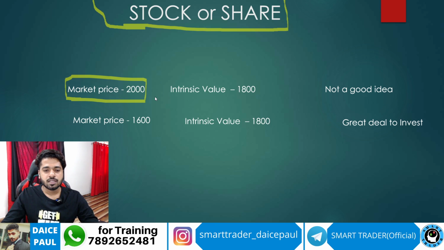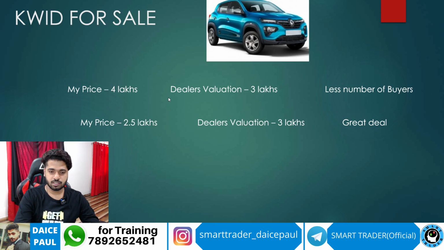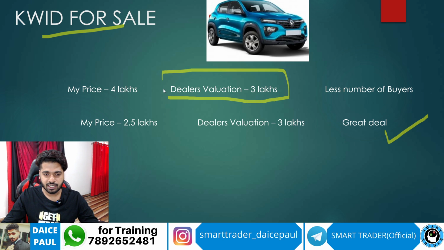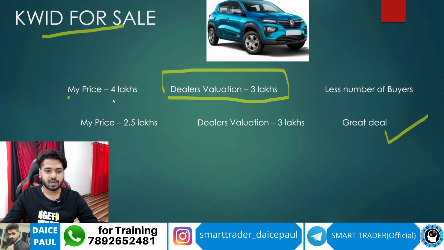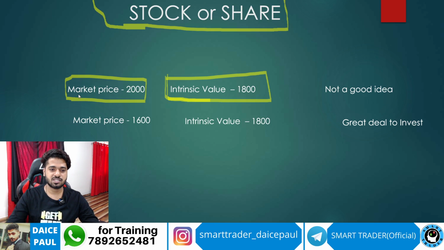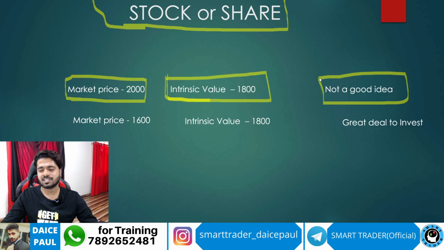Then the intrinsic value, like the dealer's value that was calculated, I would say the real value of Reliance is 1800 rupees. Just a rough example. The market price is trading at 2000 rupees, but the real value is 1800. So it's not a good idea to invest in this particular stock.